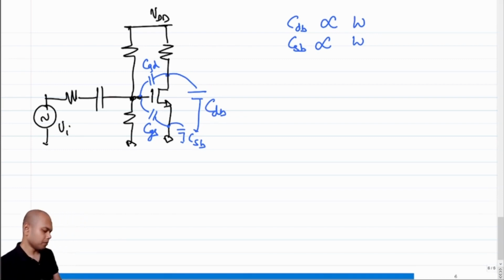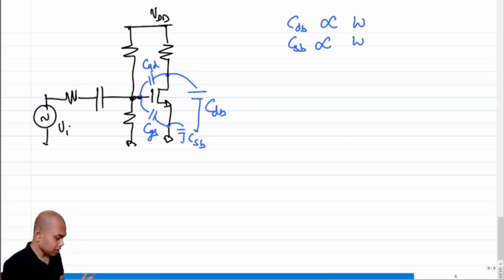Now clearly you can see that we have more components to deal with. So how should we go about analyzing this? Let's split this. Let's use the small signal equivalent of this architecture.